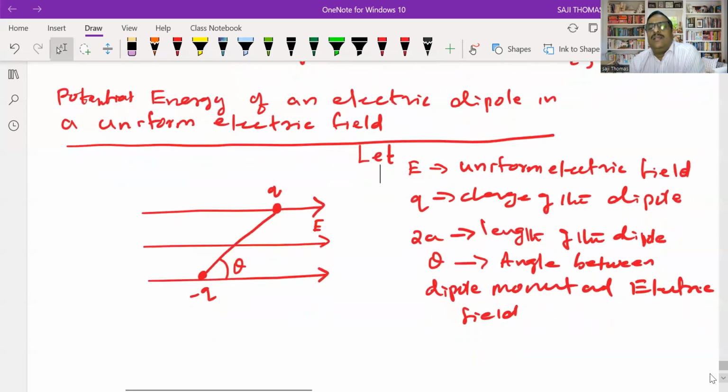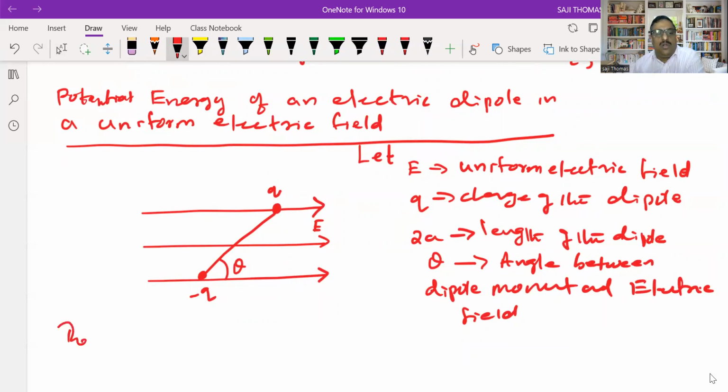Now, suppose I am rotating this dipole through a small angle against the electric field, small angle d theta, and I am finding the work done. What is the equation for work done in rotational dynamics? Tau d theta, torque into angular displacement.